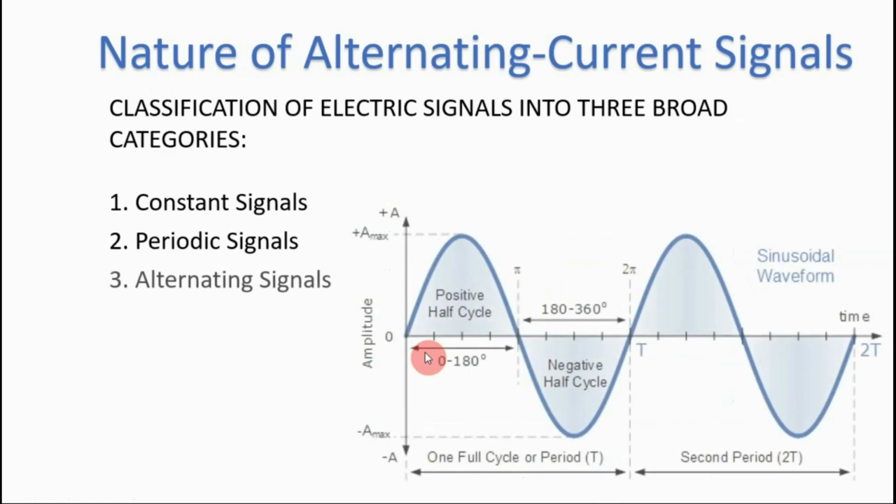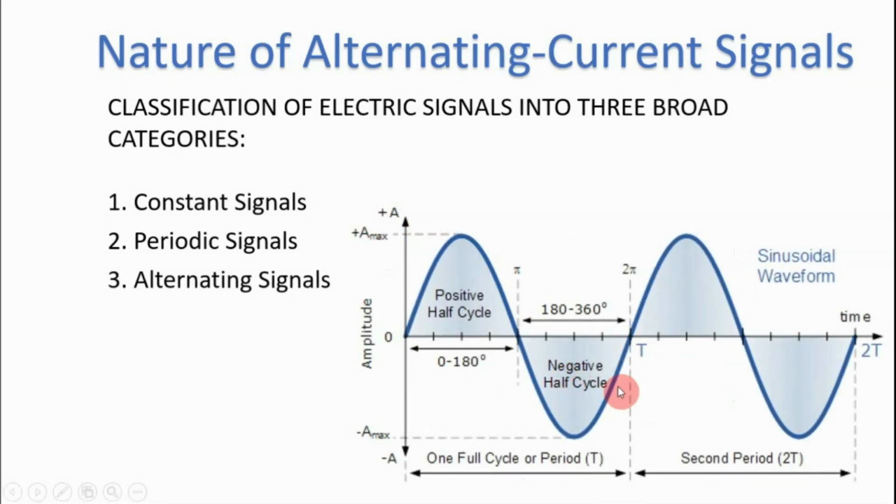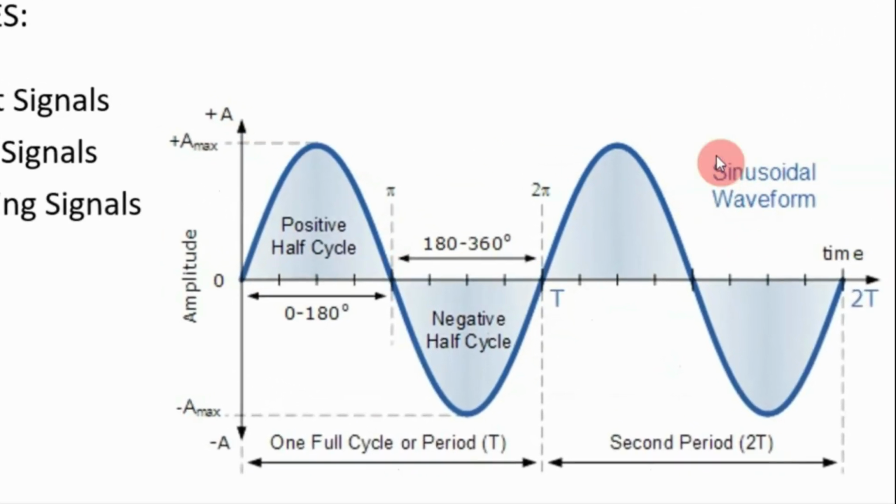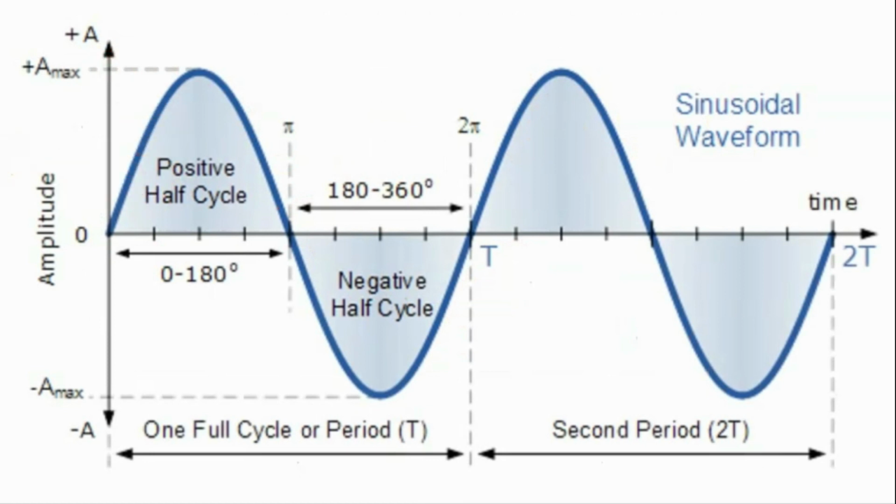And the last one is the alternating signals. So we have here a sinusoidal waveform. It is alternating because for the first half cycle it is positive, and the other half cycle is negative, and it is repeating for one period, one full cycle.